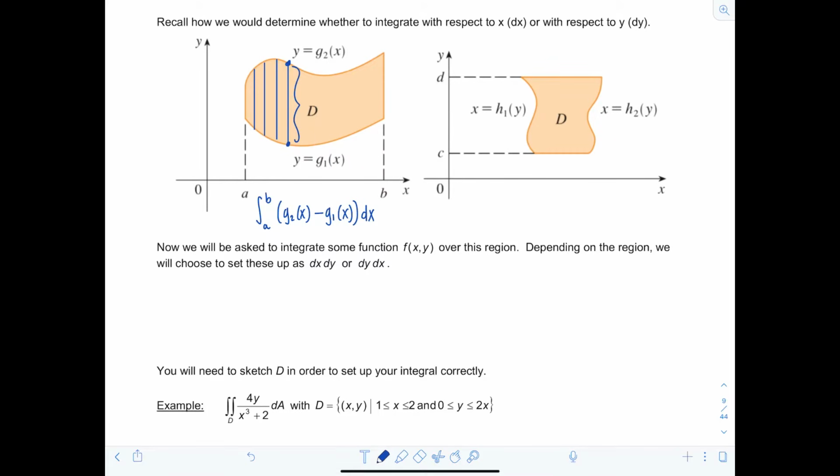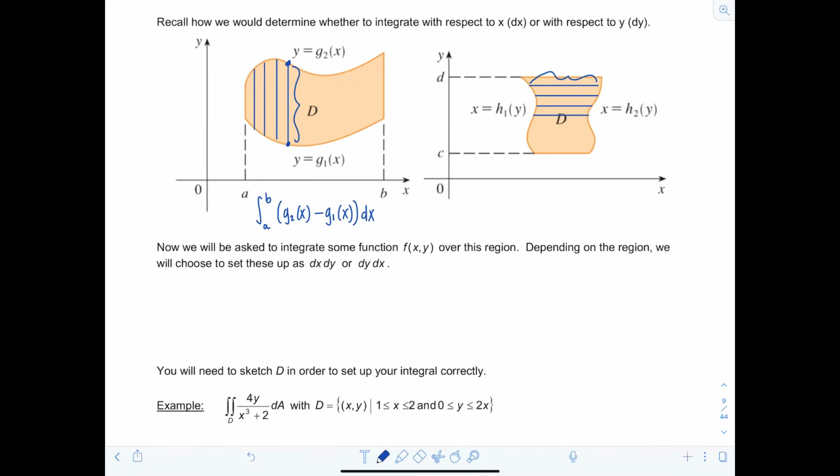Now other times, if we had x expressed as a function of y and we had one curve always on the right and another always on the left, it made more sense to stack our rectangles moving in the y direction. In that case, the base of each rectangle would be a delta y, which becomes dy.